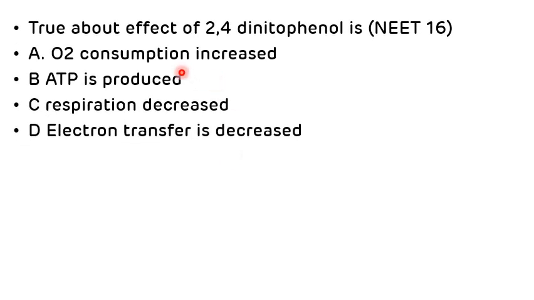Now the next question is about the effect of 2,4-dinitrophenol, again an example of an uncoupler of oxidative phosphorylation. The options are A, O2 consumption increased, B, ATP is produced, C, respiration is decreased, and D, electron transfer is decreased.